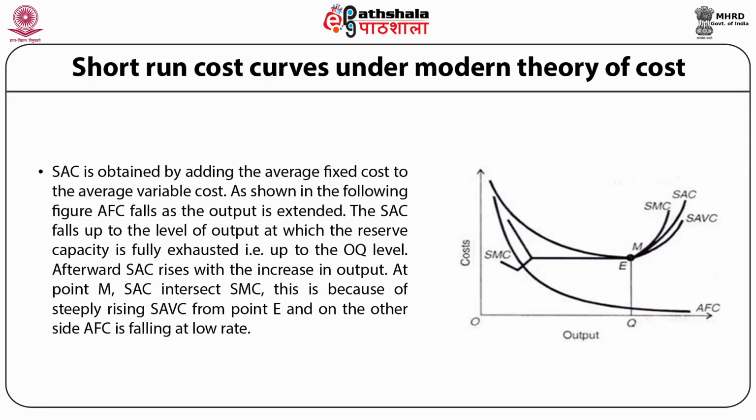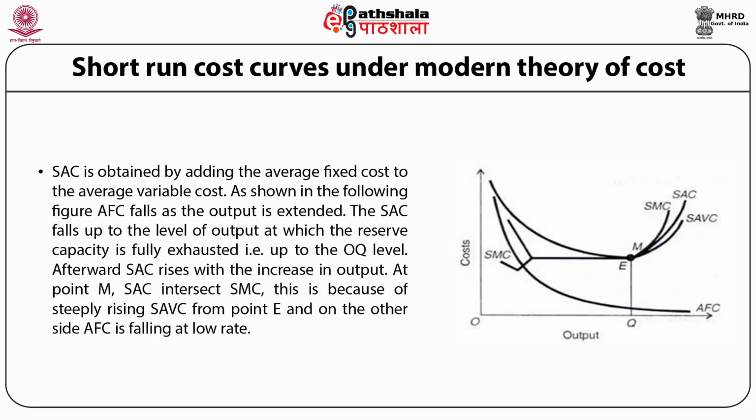As shown in the following figure, AFC falls as the output is extended. The SAC falls up to the level of output at which the reserve capacity is fully exhausted, that is, up to the OQ level. Afterward, SAC rises with the increase in output.